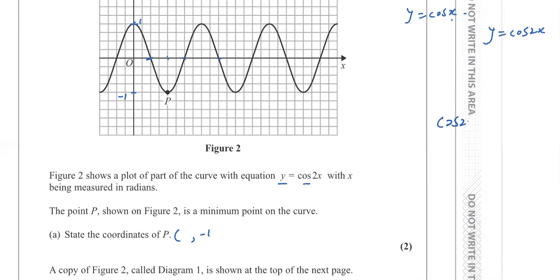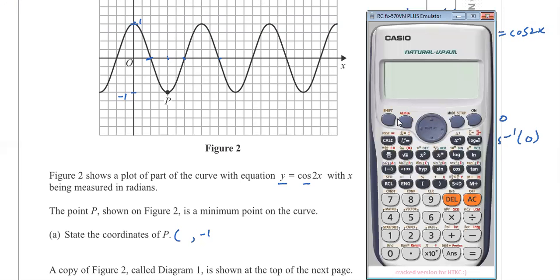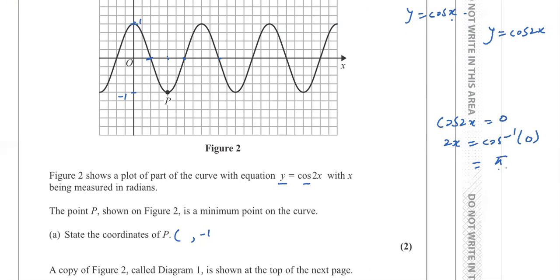I can say cos 2x equals 0. From here, to find 2x, it will be cos inverse 0, which in radians is pi by 2. It means x will be pi by 4.